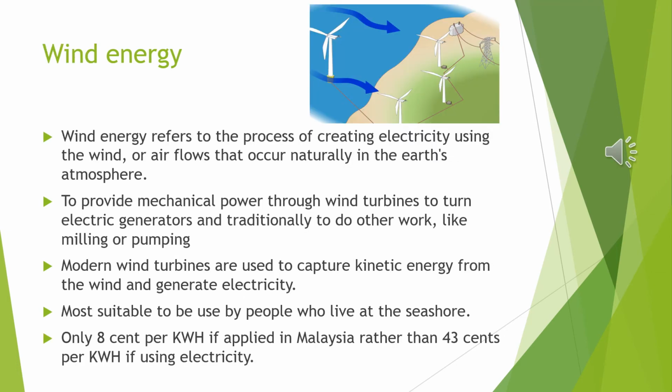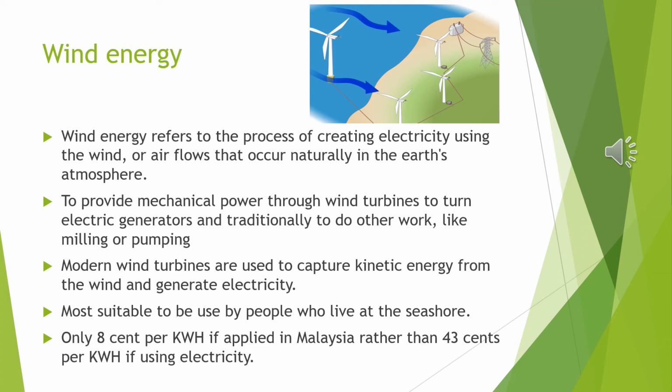The next energy is wind energy. Wind energy refers to the process of creating electricity using the wind or air flows that occur naturally in the Earth's atmosphere to provide mechanical power through wind turbines, to turn electric generators, and traditionally to do other work like milling or pumping.